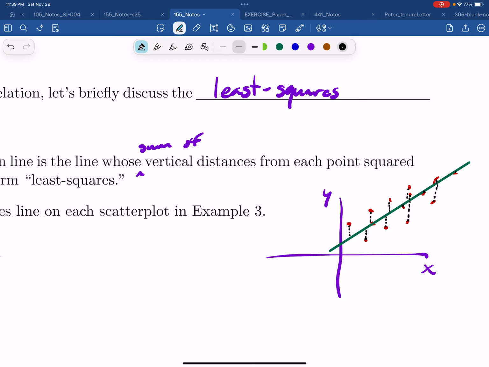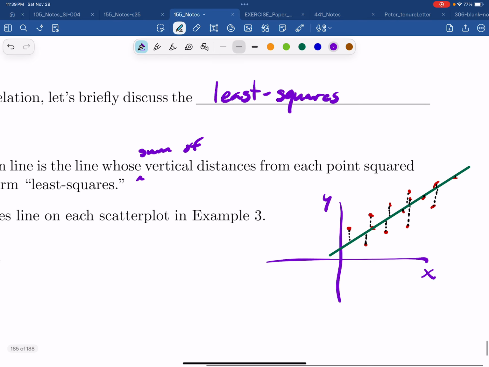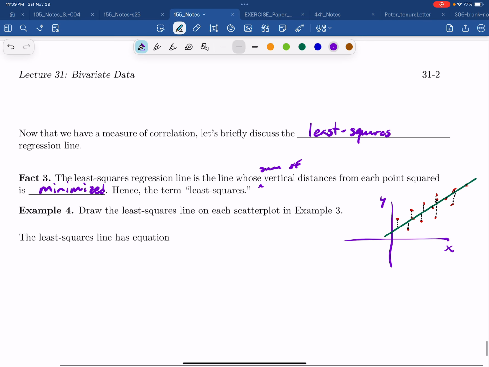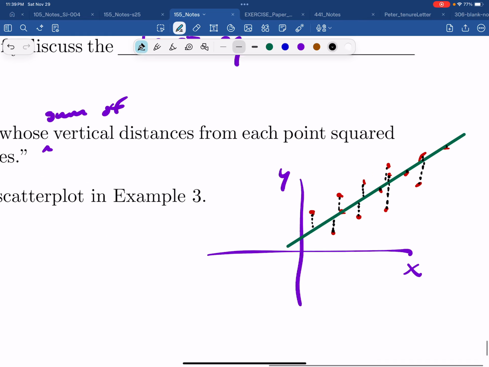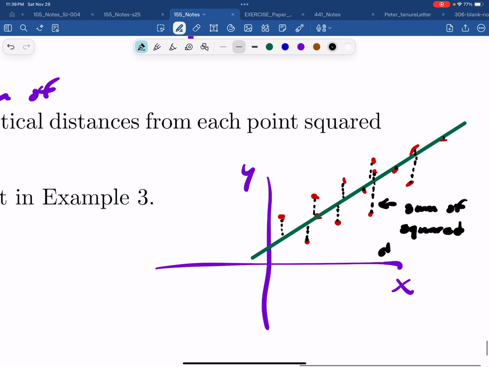Whatever line gives us the minimum of the sum of those squares, that is our least squares regression line. Okay? So maybe I'll just write here: sum of squared distances is minimized.